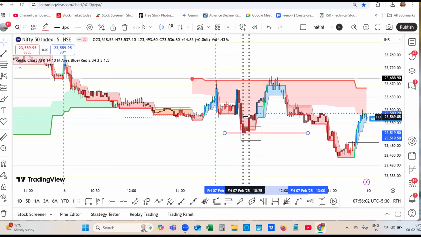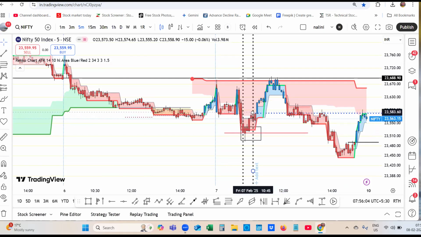Here, the Renko chart tells you only here. Though it may be late, it starts telling you 23,581, but you are identifying entry around 23,512.